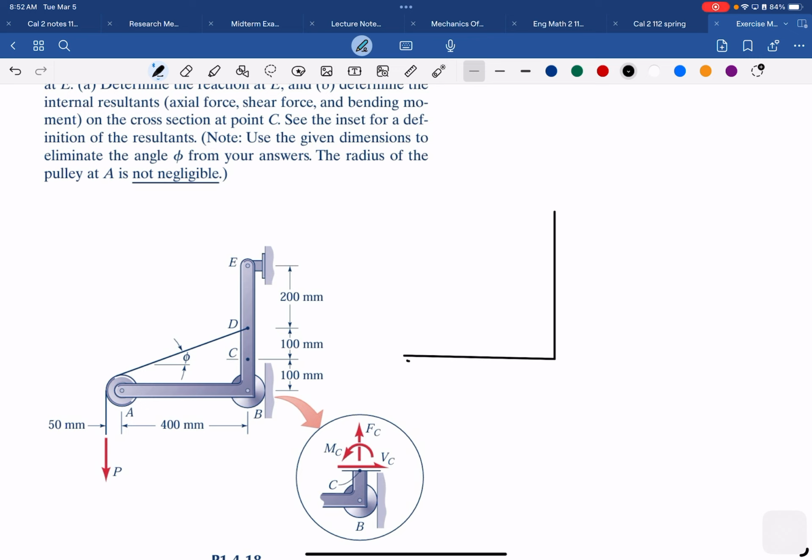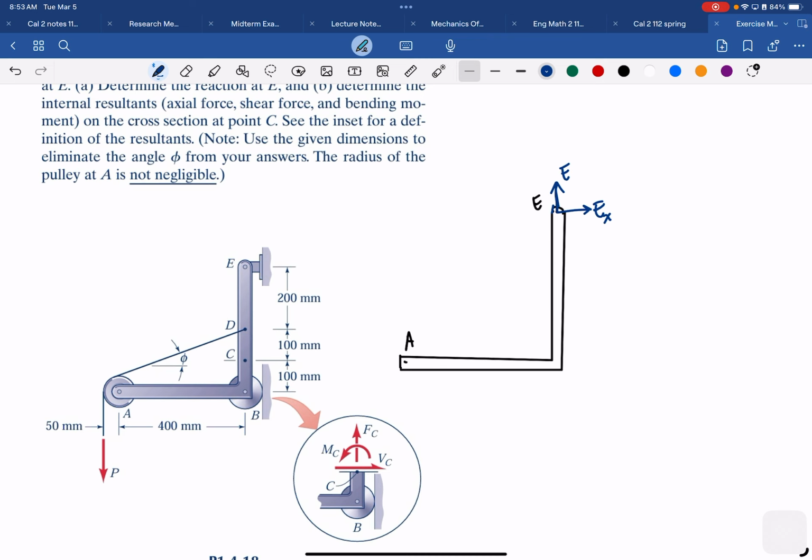So this will be A. Although it's not straight line, but I think still okay. This is E. And E is just a fixed point. We can just imagine this is going to be that way. And how you assume the reaction is up to you. You can assume downward, left, right, it's okay. The results, sometimes maybe it can be positive, negative, it's still okay.